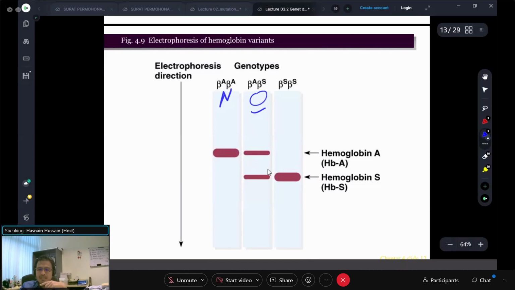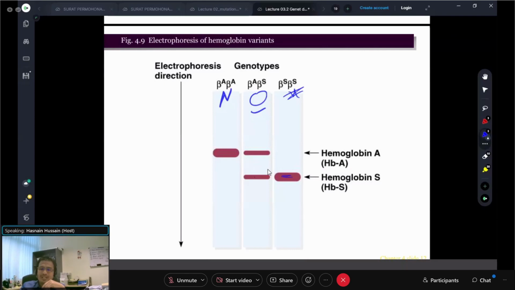Then they saw a mixture of the normal hemoglobin and slightly different hemoglobin. But for those suffering from the full symptoms of sickle cell anemia, when they run, you can see the position is different over here. So those in between have a mixture of the normal and the sickle cell protein.